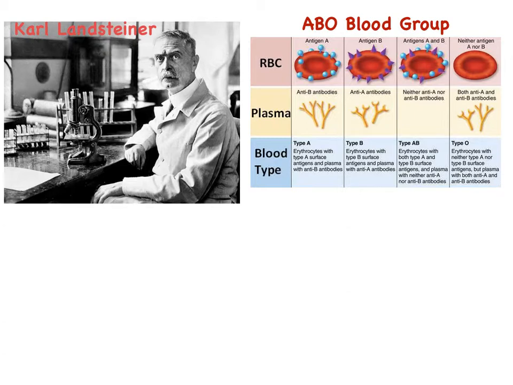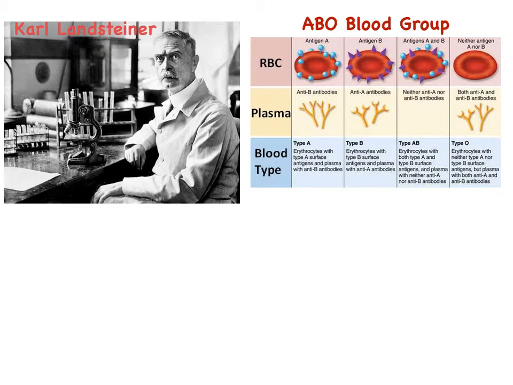The last type, the O individuals, have neither an A antigen nor a B antigen on the RBC surface, but they have both antibodies, against antigen A and against antigen B, in their plasma. So the O individuals cannot get blood from any other blood type. They can only get blood from O individuals.